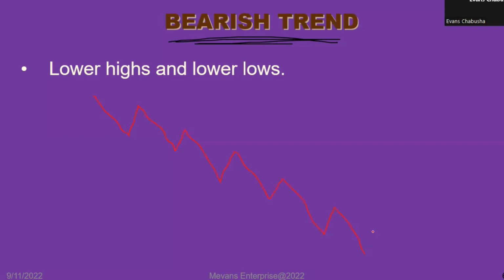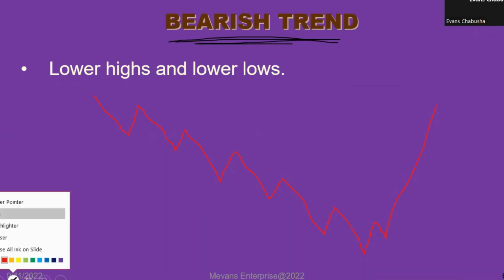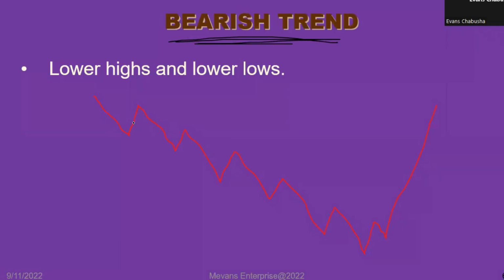Okay, so you can see here in a bearish trend, it's the opposite. You start having lower highs and lower lows. If you look at this high here and this high, the new high which is formed is lower than the previous high.